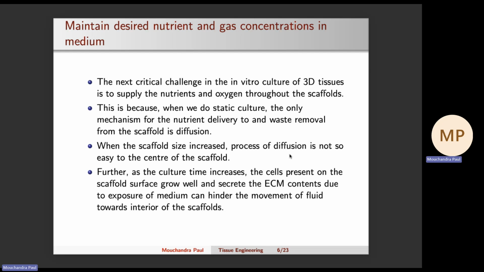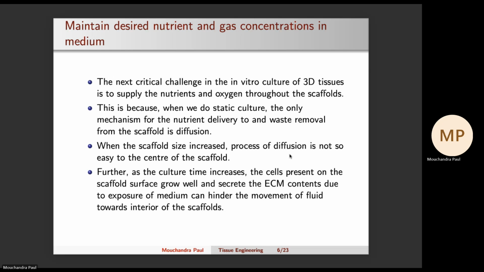So at the center of the scaffold, if the nutrient or the waste is saturated, means there is no concentration gradient, and even on the outside of the scaffold it is saturated, means the concentration of the waste or the nutrient is equal at the center as well as the outside, then the diffusion process will not happen.